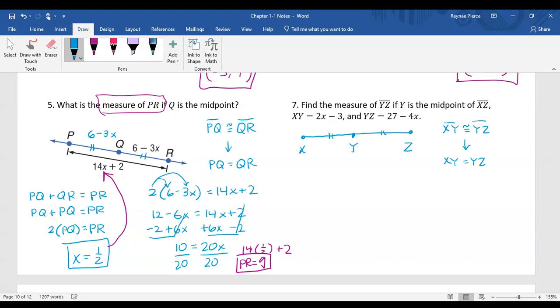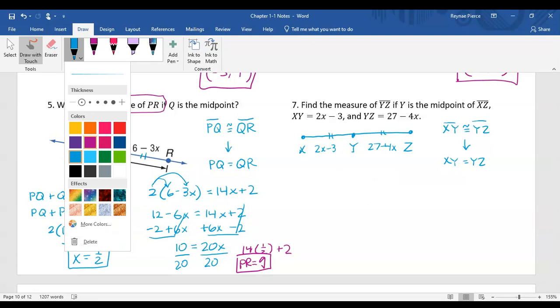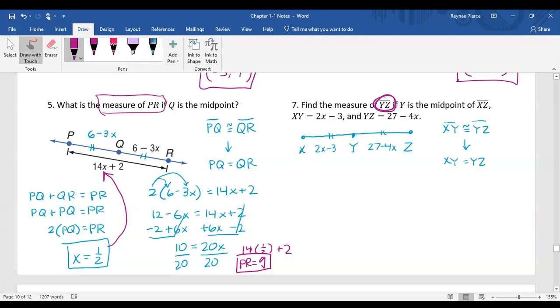That's what we can determine with just that given information. xy equals 2x minus 3, and yz is 27 minus 4x. And actually, right here, since we are looking for the measure of yz, we won't need the segment addition for this one.